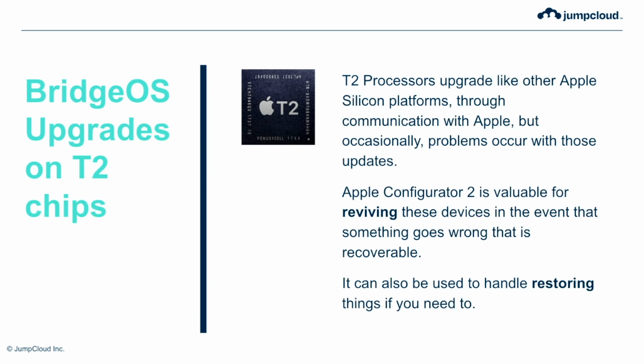So Bridge OS updates, T2 processors, upgrade like other Apple Silicon devices through communication with Apple, but occasionally problems occur with those updates, and Apple Configurator 2 is valuable for reviving these devices in the event that something goes wrong that is recoverable.